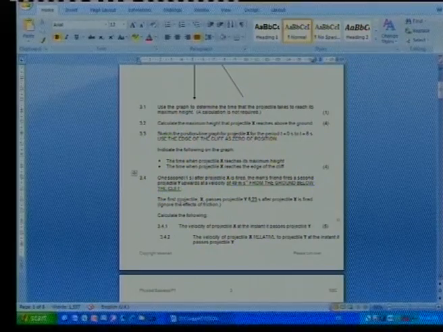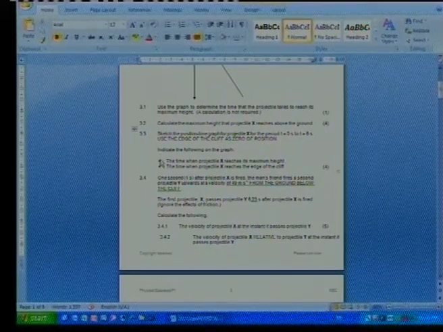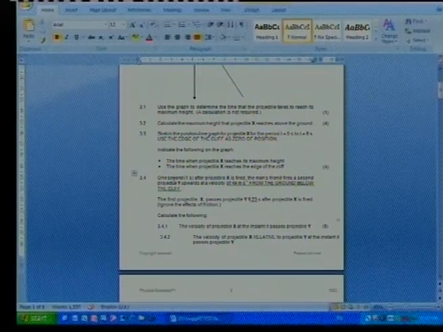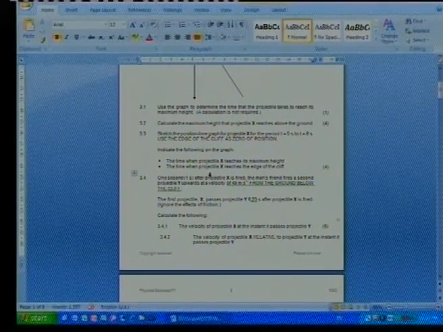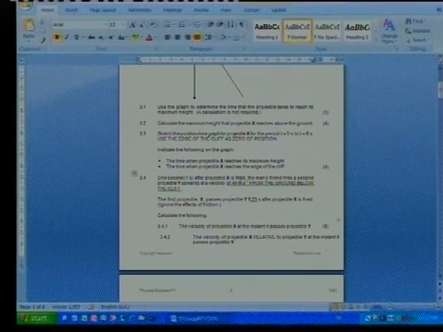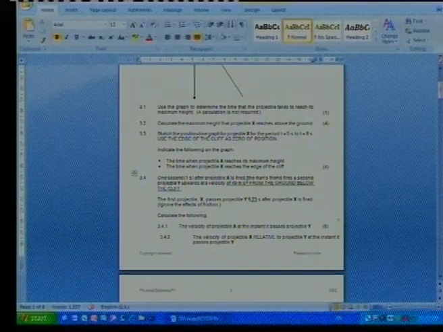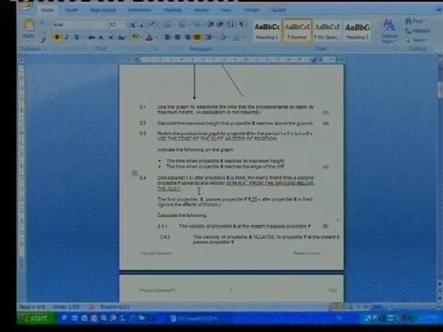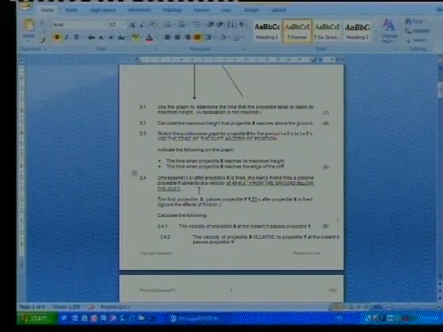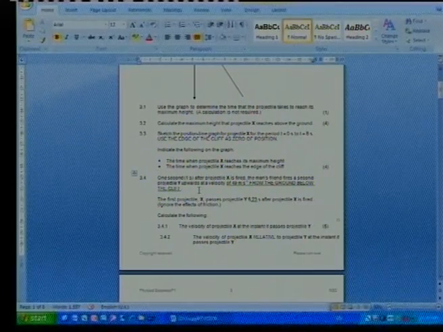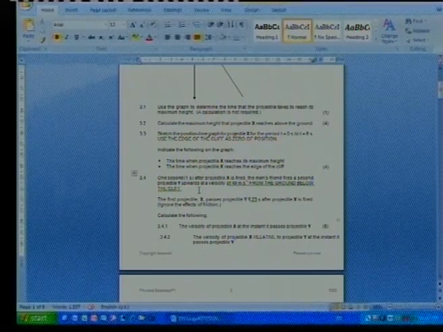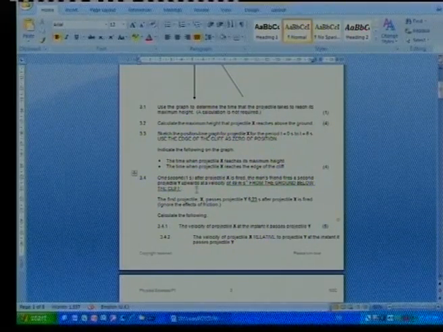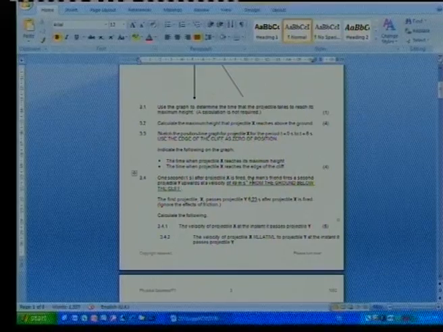Let's see, it's question 3.4. 1 second after projectile X is fired, the man's friend fires a second projectile Y upwards at a velocity of 49 meters per second from the ground below the cliff, and again it is in capital letters.